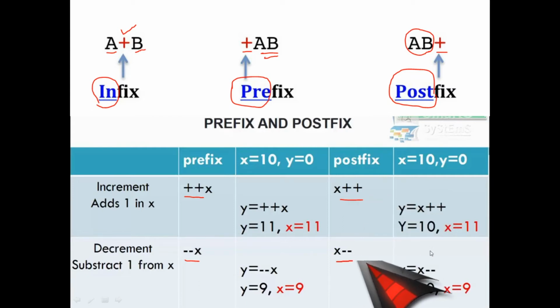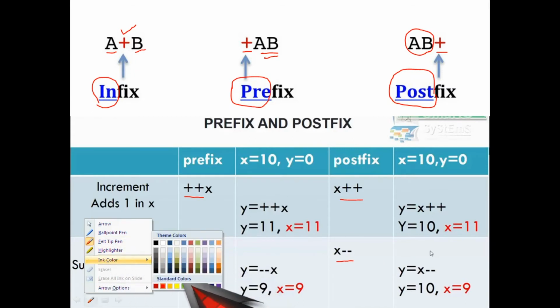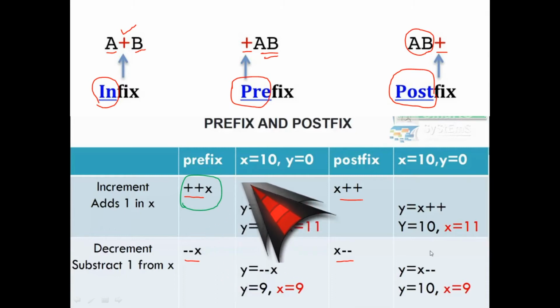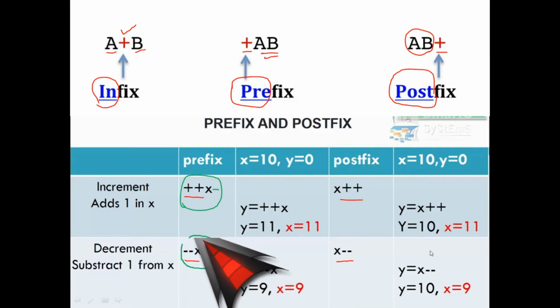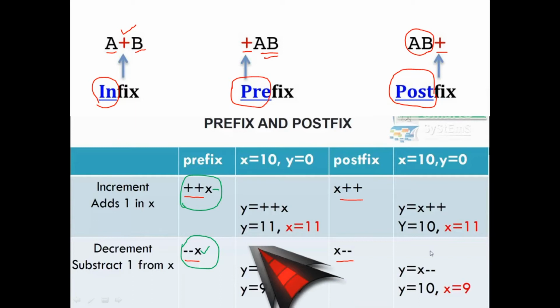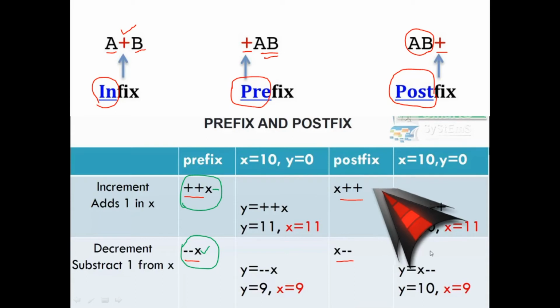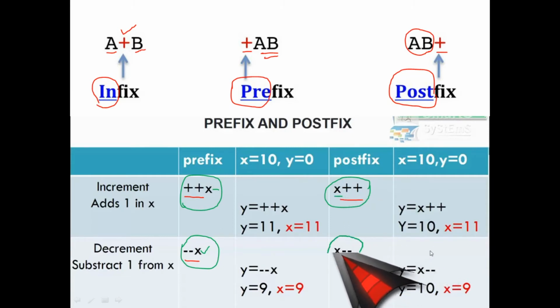In prefix, the plus plus and minus minus are present at the front of the operand x, but in postfix, they are present after the operand x.